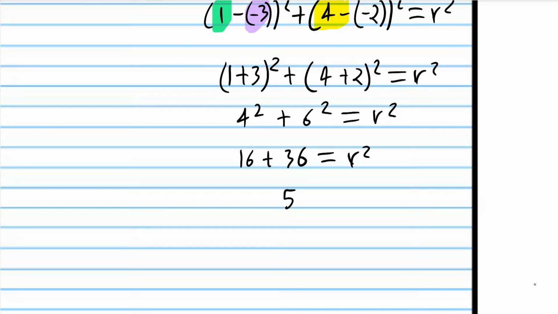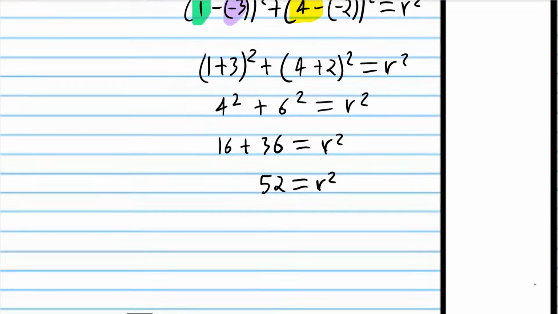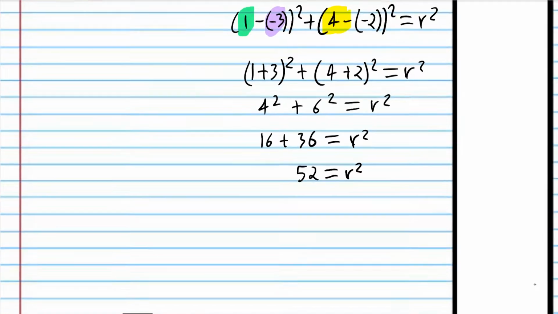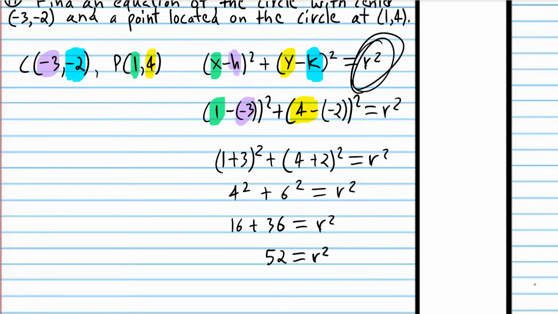And then we have, looks like 52 is equal to r squared. Now you don't have to really find r. A lot of students would keep going, square root both sides, but in this particular situation, you don't need to find r. We just need r squared, and then we can plug it back into this equation up here.